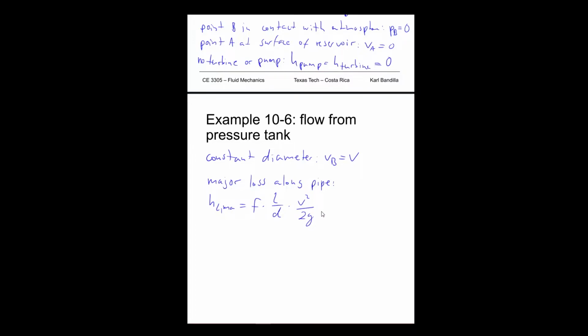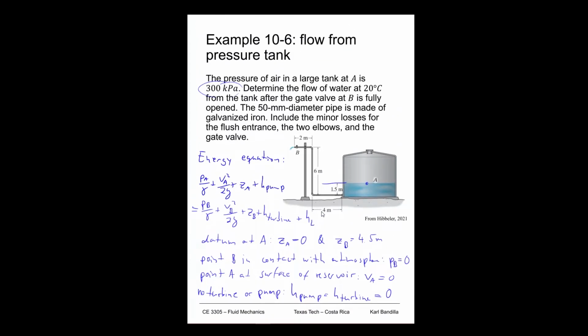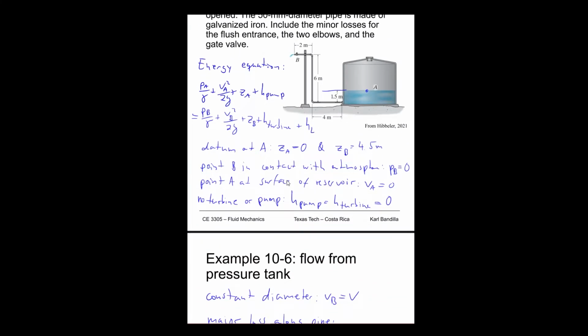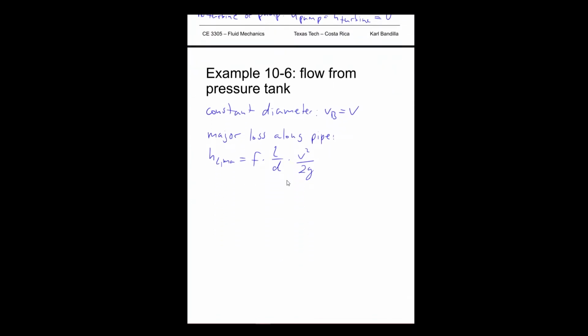Now, normally we'd figure out what the Reynolds number is, and then with the roughness that we're given for a galvanized iron pipe, we would go into the Moody diagram and figure out what the factor is. However, we don't know what the velocity is, so we can't get the Reynolds number. So we can't really say much more about the major losses right now than what we have right here.